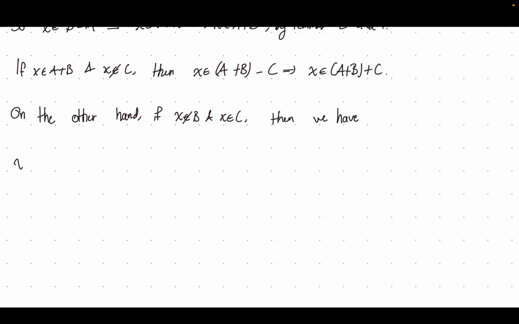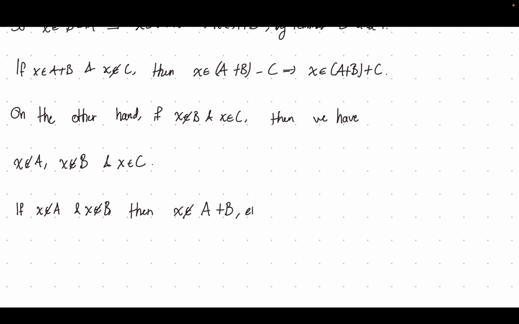Okay, then we have x is not in A, x is not in B, and x is in C. If x is not in A and x is not in B, then x is not going to be in A plus B either.